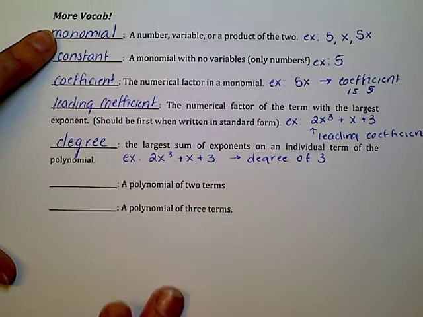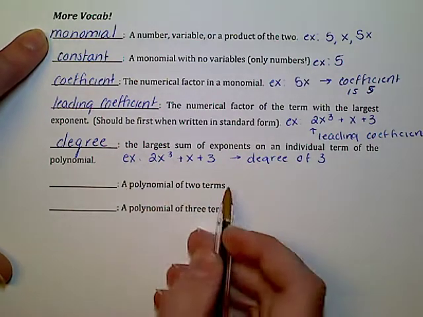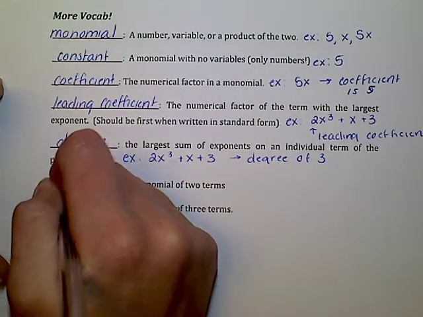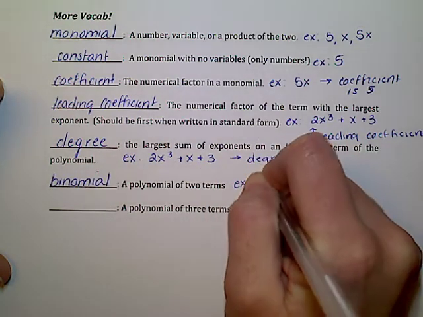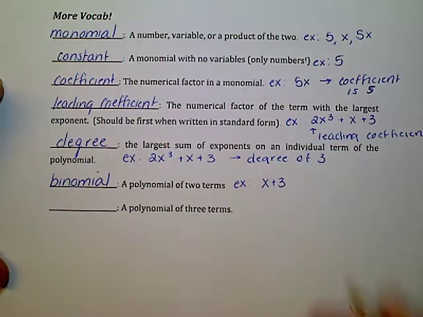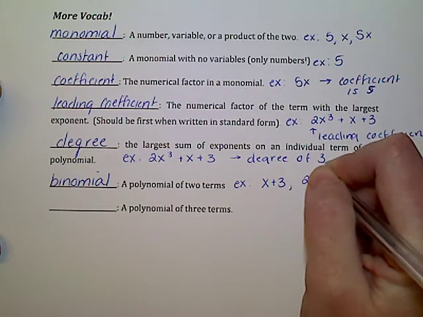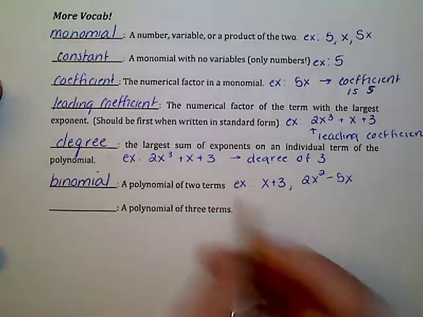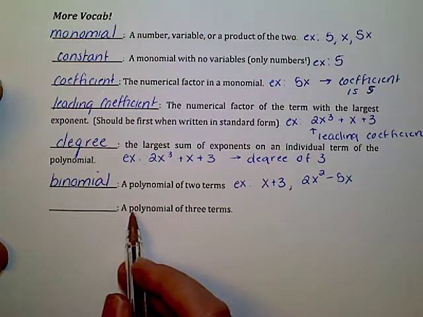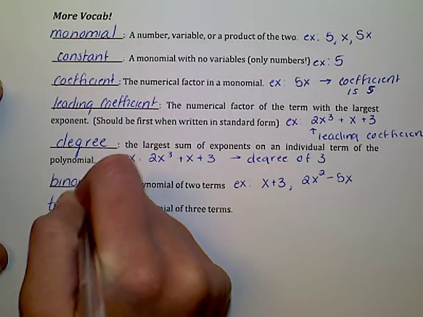We have monomials. Those are just one term, or one letter or one number or a product of the two. But a lot of times we have a polynomial that might be 2 terms, and we would call that a binomial. So for example, if I wrote x plus 3, that's a binomial. If I wrote 2x squared minus 5x, that's a binomial. We have another special word when we have a polynomial of 3 terms, and that would be a trinomial.